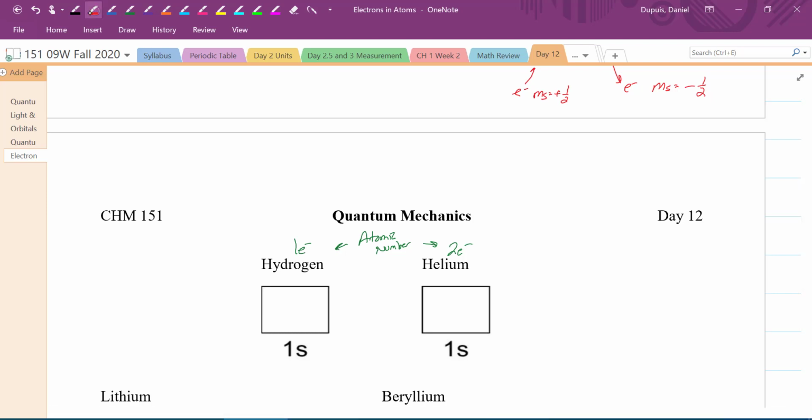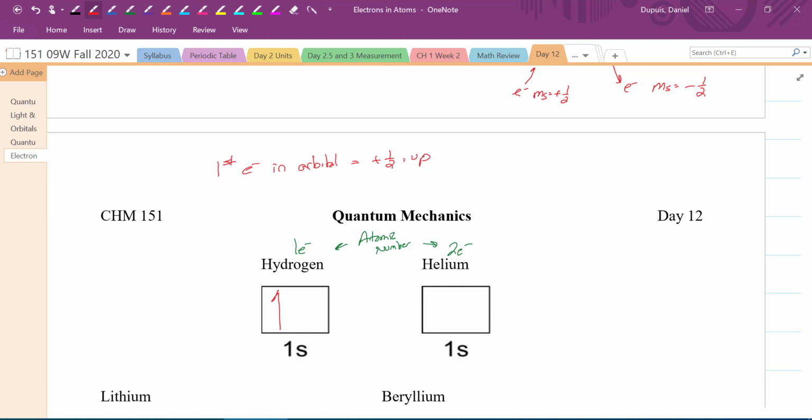By definition, the first electron in an orbital is always plus 1/2, up. That's just by convention. Is it always? No, they can flip spin. We're just going to go up by convention.